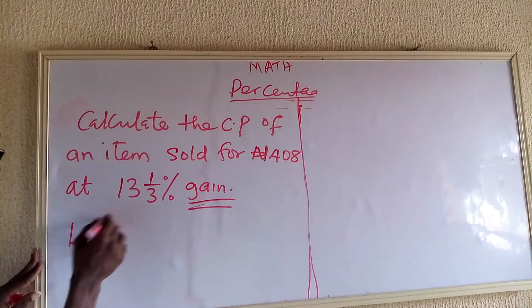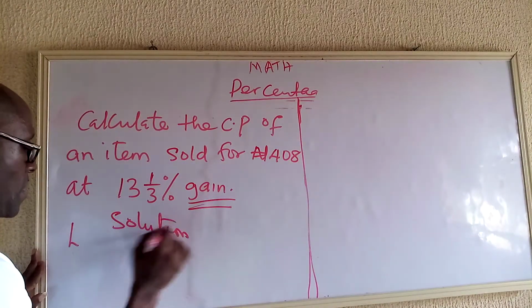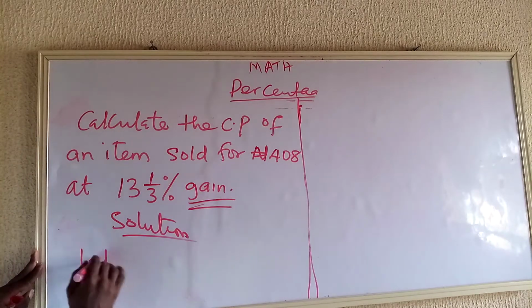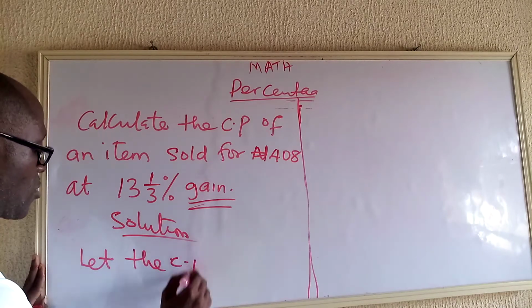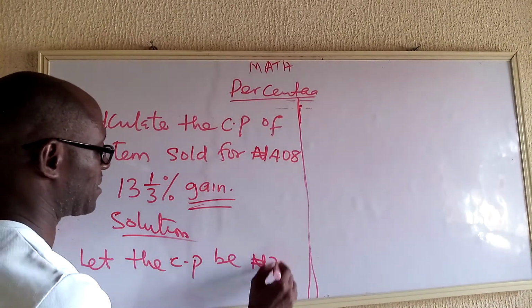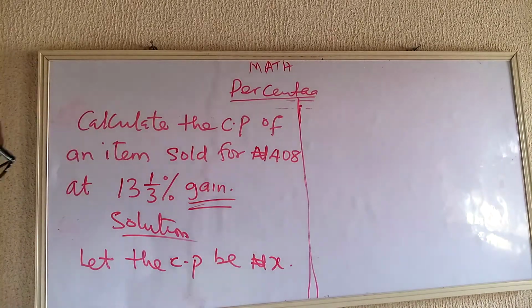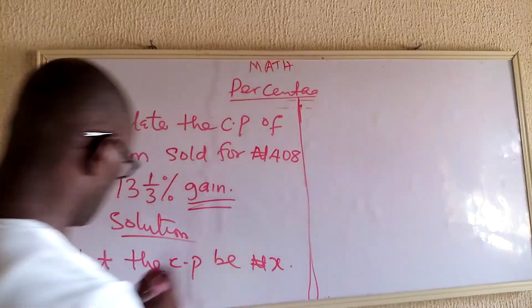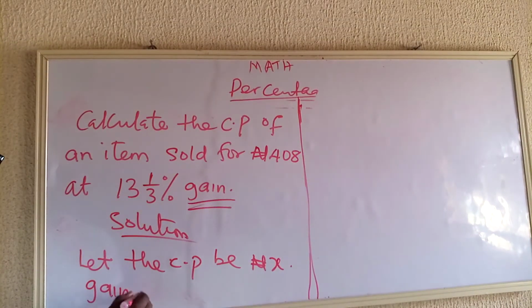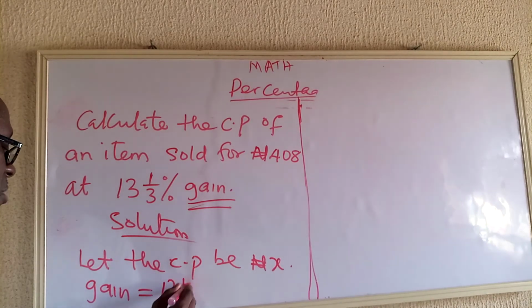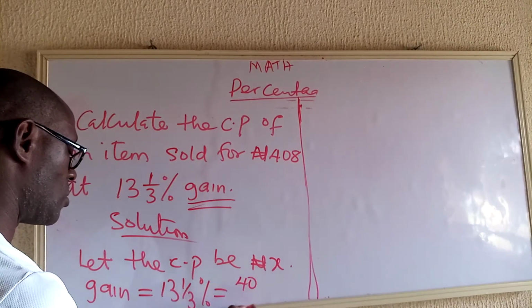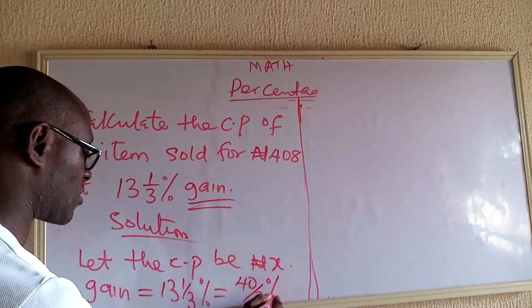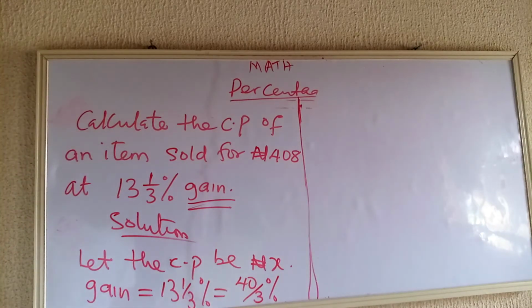Solution. Let the cost price be X naira. Now the gain is 13 1/3%, which is the same thing as 40 over 3%, converted to an improper fraction.